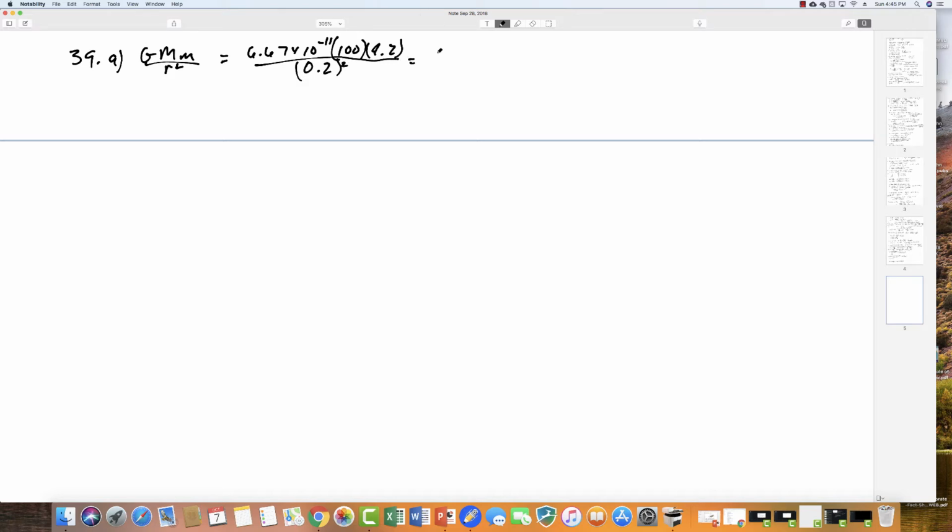If you do the calculation here, you get 7.01 times 10 to the minus 7 newtons. Now that's why when you hold your hands out, your baby doesn't come flying towards you, because that force is really small.